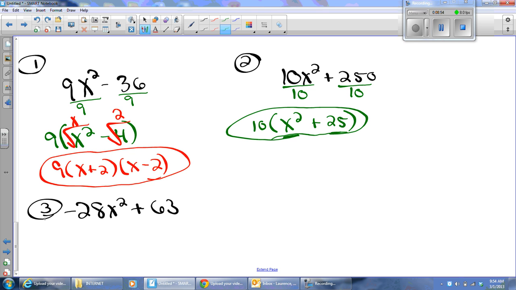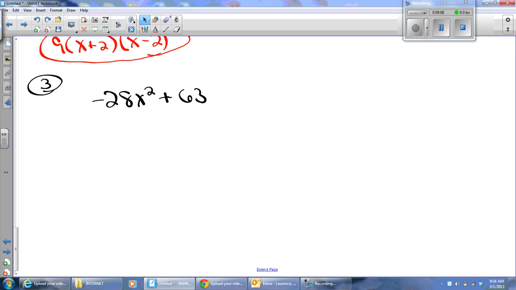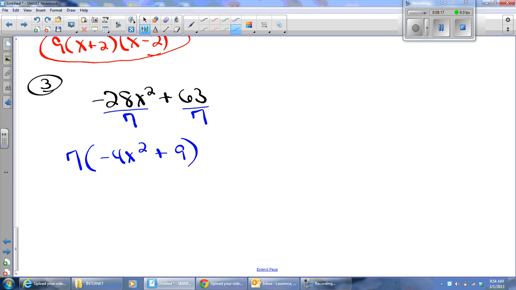Okay, let's slide down to this one here. Let me give myself a little bit more room to work. I see a GCF hiding in there. You might not see it, but it's in there. There's a 7. 7 can go in there. All right, and I'll pull my 7 out. I'll be left with a negative 4x squared plus 9. All right, do I have a perfect square here?